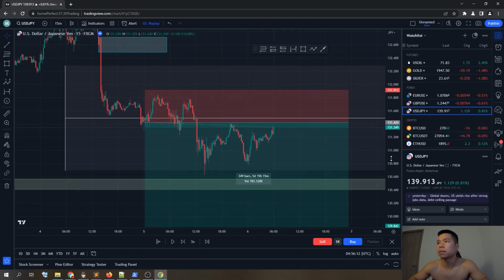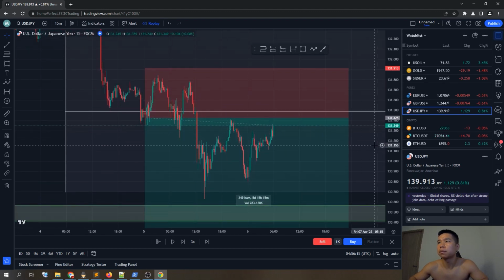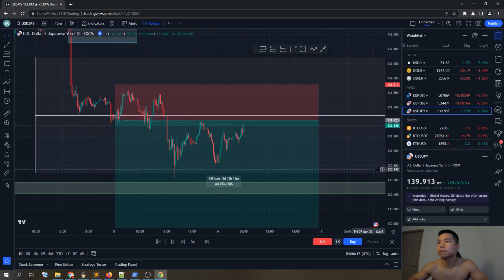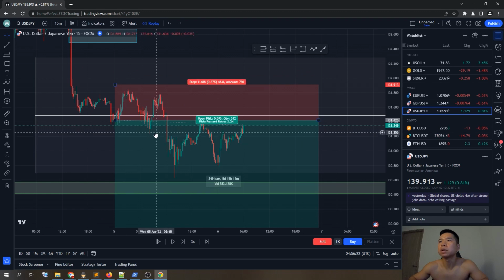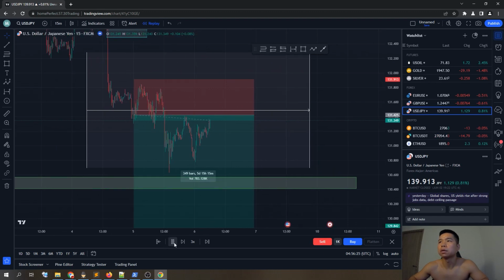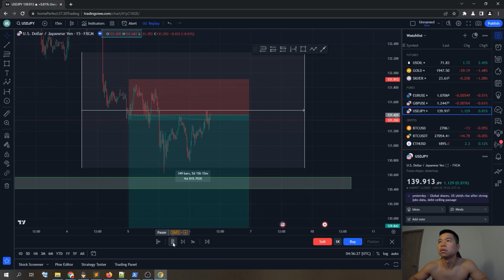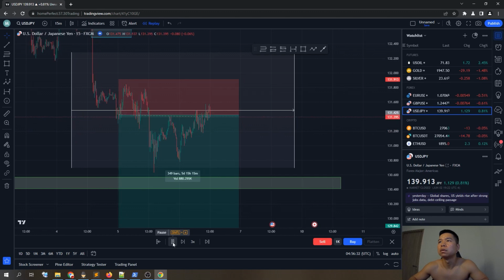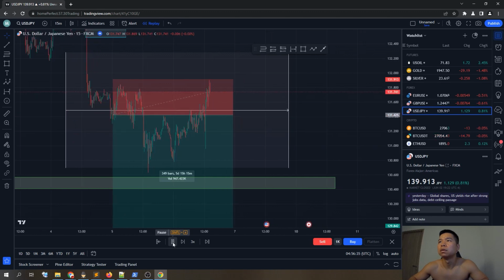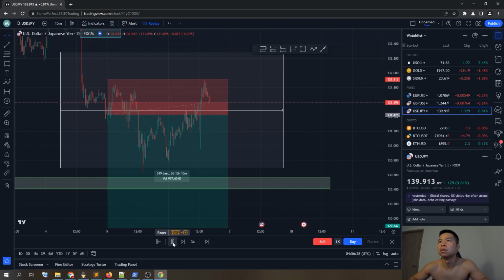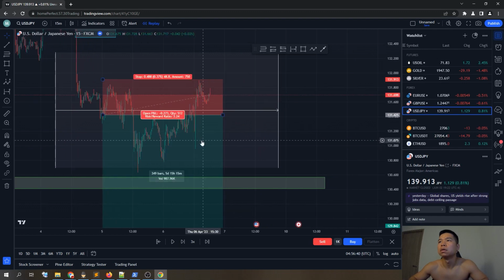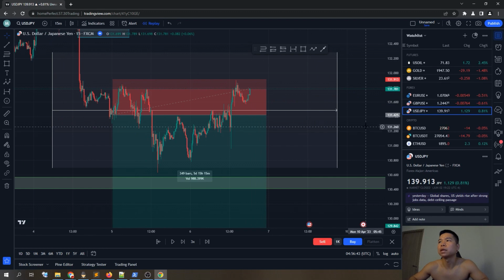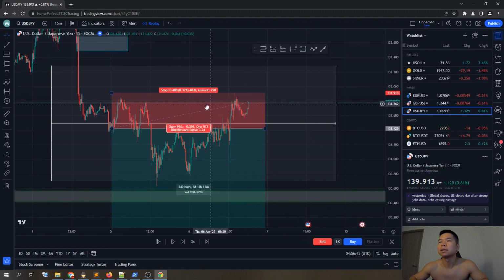But wait, looking at the price, it is forming an uptrend, but still, this is a big breakout. It is forming an uptrend already. It is testing here again.